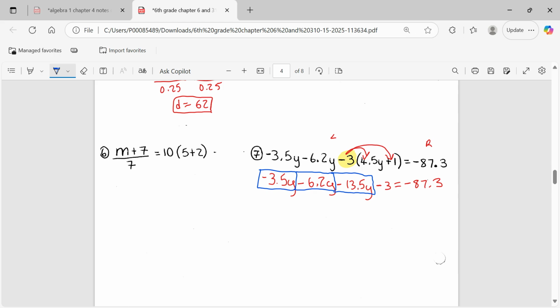They're all actually the same signs. I can add them. And I'm going to get -23.2y minus 3, and that's equal to -87.3.